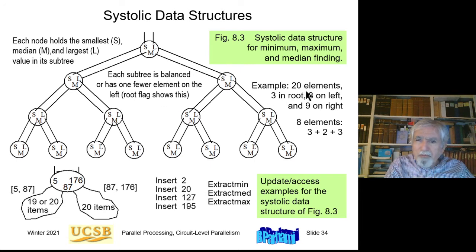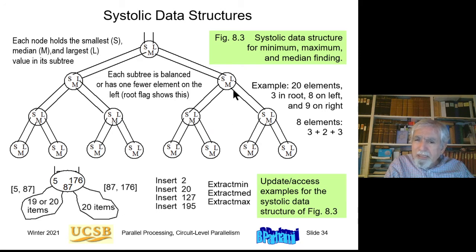So for example, if you have 23 elements overall, there are 3 elements at the root and 20 that need to go into the subtrees. Oh, sorry, 20 overall. 3 go in the root, and I'm left with 17 that need to go into the two subtrees. Now 17 is odd, so I put 8 of them on the left and 9 of them on the right.